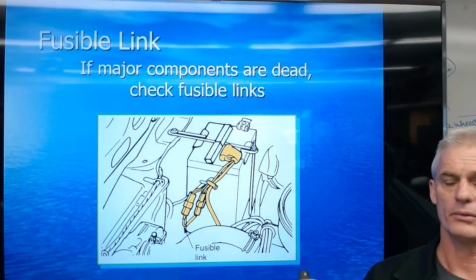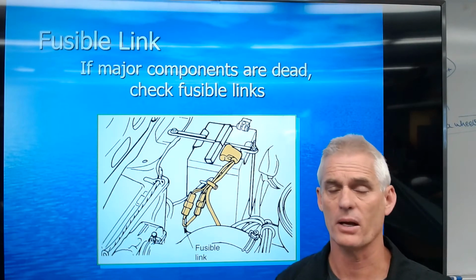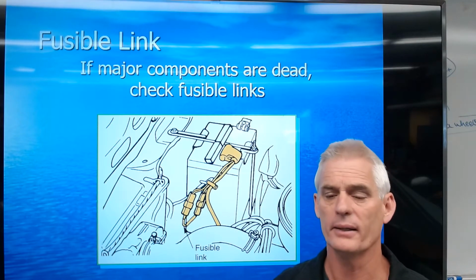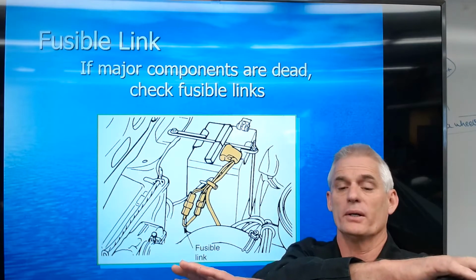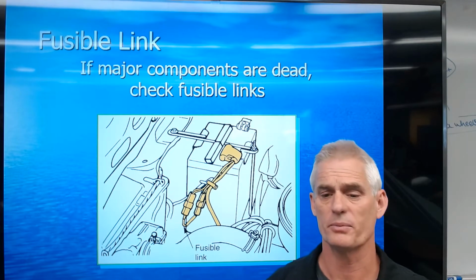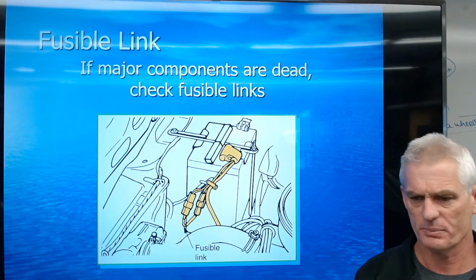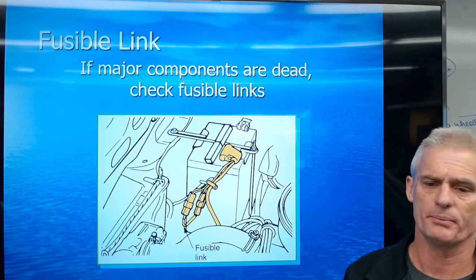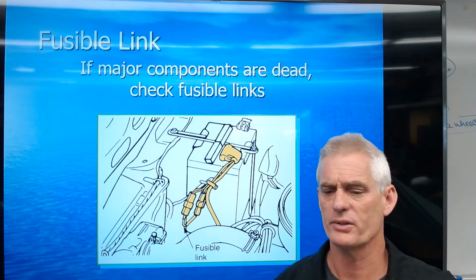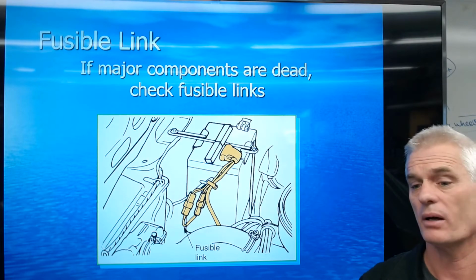And those could be blown and could be a fault, and that happens at times when people go to jump a car with a dead battery, and they hook the leads up backwards, and they blow a bunch of major fuses, and we have to replace those fuses to be able to get the car working correctly again. It's possible to hurt a computer module doing that, but usually these days I've seen it a couple of times where people have hooked up battery jumper cables or a jumper pack backwards, and it burns a number of fuses.